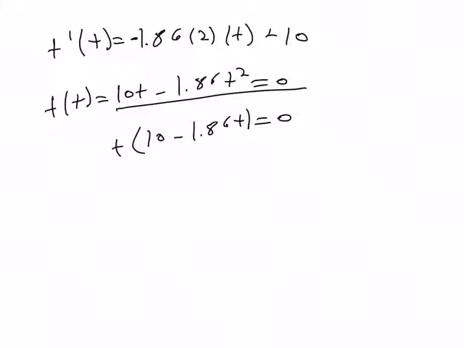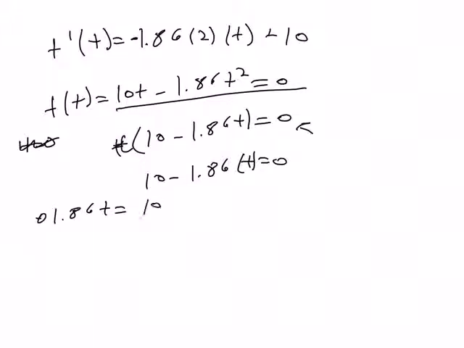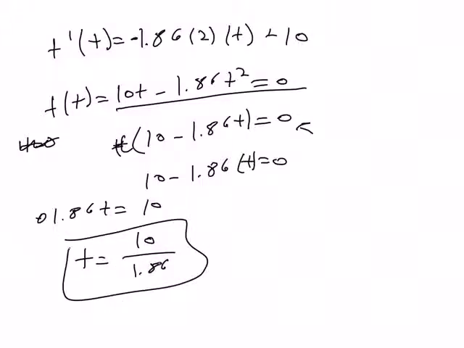So one solution is t equals 0. Well, that's when we begin, so we don't want this. The second solution is when 10 minus 1.86t is equal to 0, so 1.86t is equal to 10, where t is equal to 10 over 1.86. So at this time the rock is going to hit the surface. That's the solution to problem C.